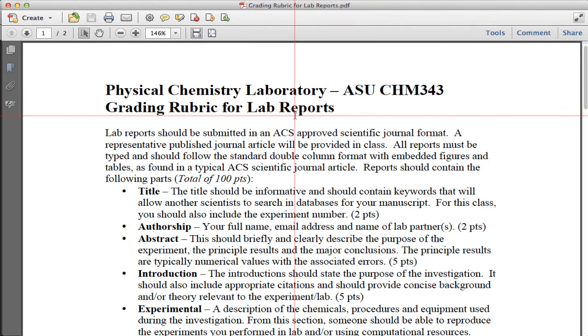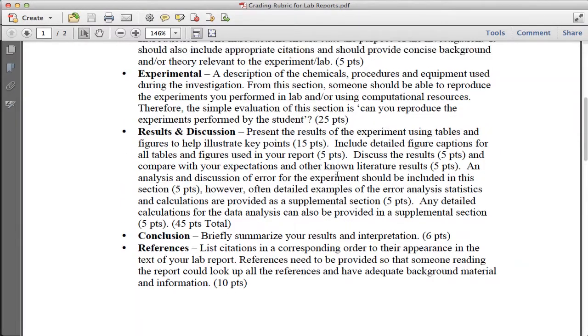What I use is a common rubric, format, and expectations for lab reports associated with this class, which is I really want lab reports to be in the style, format, and content that you would find in a normal scientific journal article from any American Chemical Society journal. With emphasis placed in maybe a little different areas than some of the ACS journals, but overall I provide a fairly detailed explanation of where I want this.